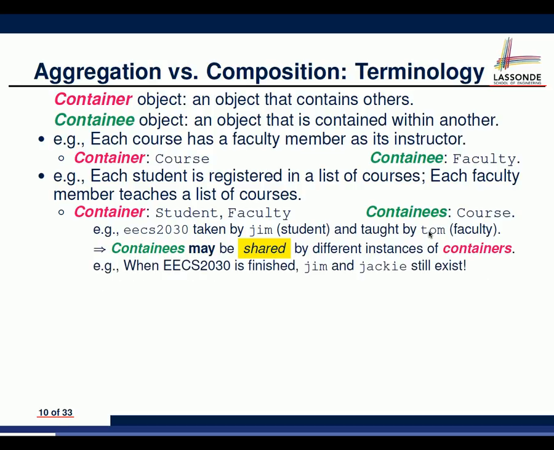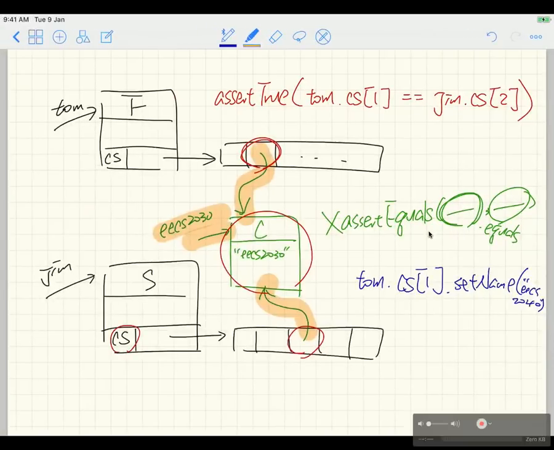One thing to note about aggregation is that we share the containees. Now the faculty and the student share the same course. Let's say it's December, around Christmas time, so EECS 2030 for 2018 is gone to history.